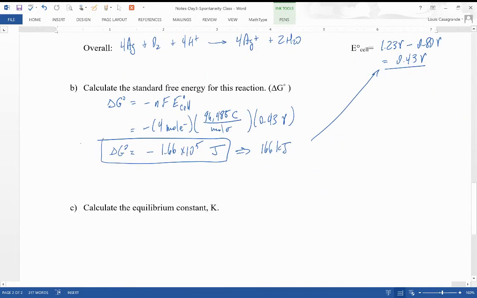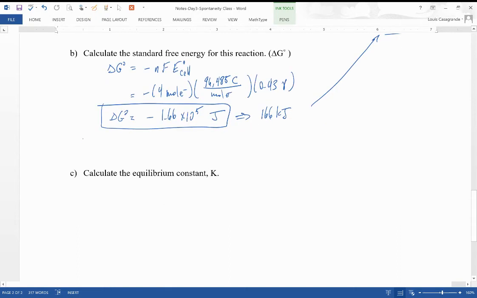To calculate the equilibrium constant, we're now going to use the delta G naught that we just calculated and go back to that other equation from chapter 18, that the delta G naught is equal to negative RT times the natural log of K. So I'm sorry, I said that should be a negative sign up there, negative 166.